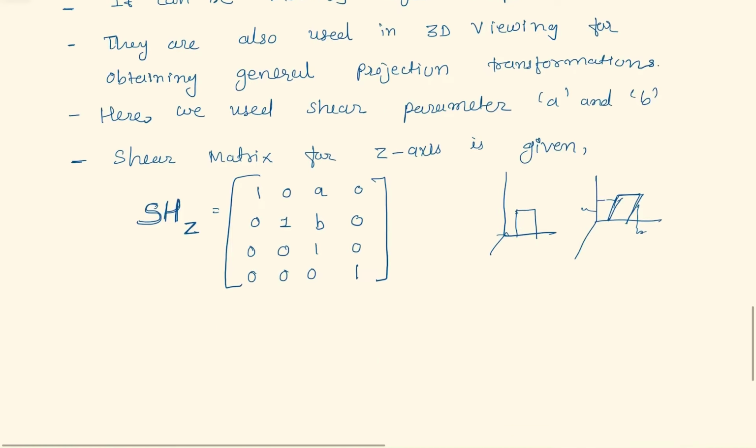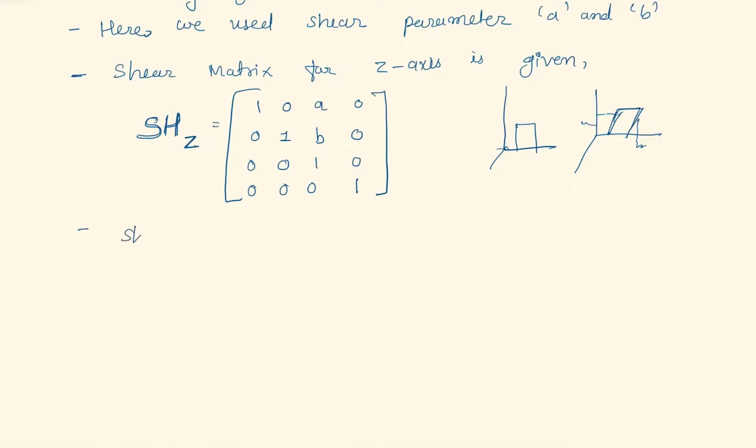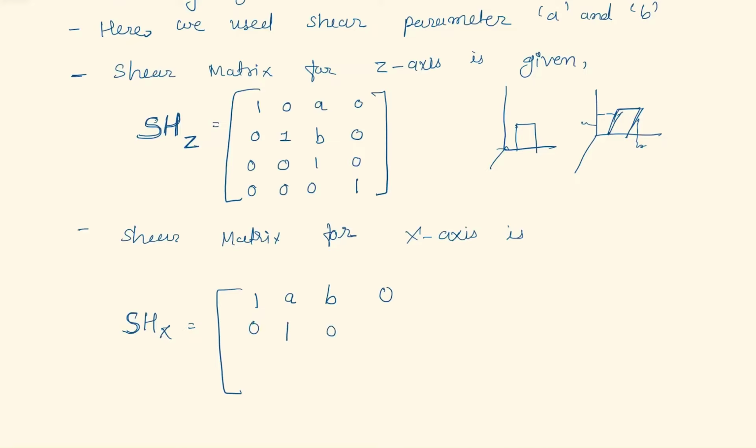Similarly, we get the shear matrix for the x axis. Now it is shear about the x axis. So the matrix will be 1 a b 0, 0 1 0 0, 0 0 1 0, and 0 0 0 1, right?